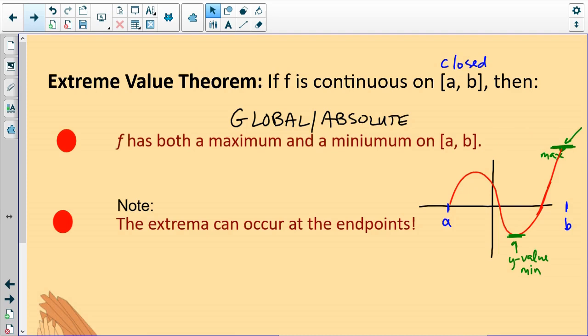The absolute max value is now located at the endpoint because that is higher than this hump right here, this little curvy thing where it starts going back down. And we'll get a name for that in a minute. But notice that we're just taking whatever the highest value is on the interval a to b.